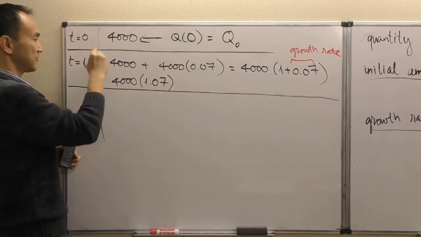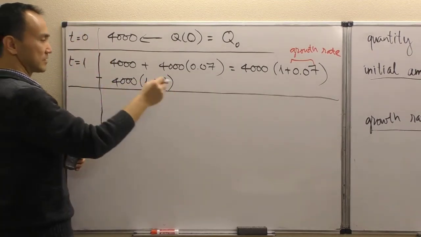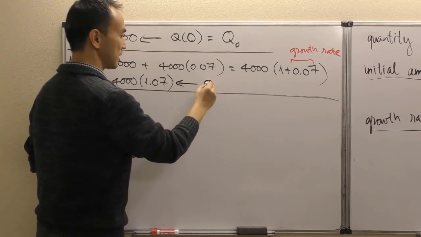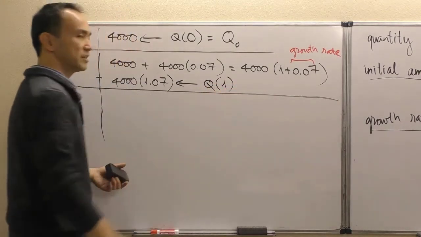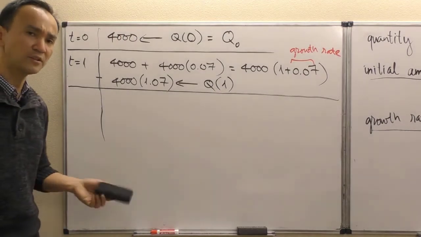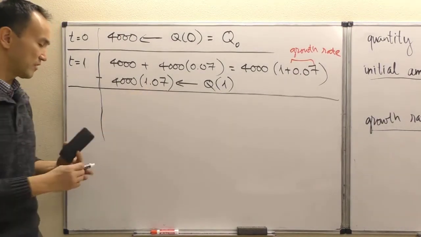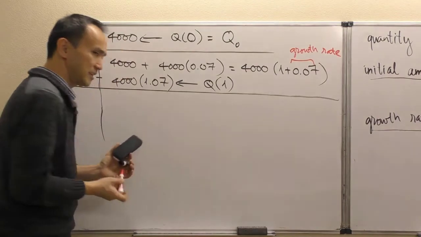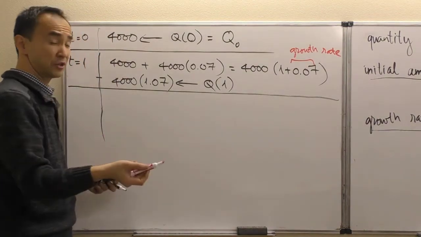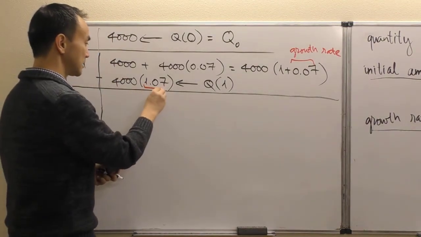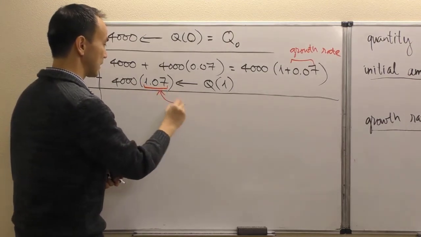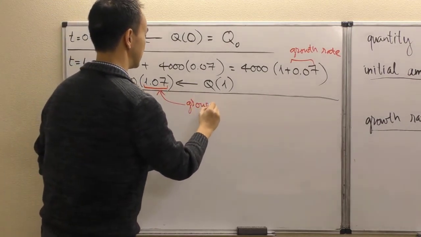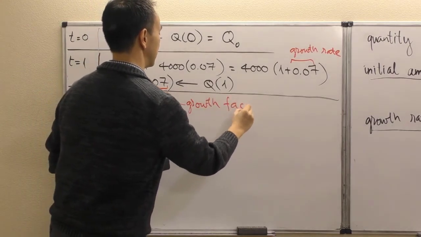This final form is the quantity, the amount at 1 year later: 4,000 times 1.07. And once again, in the same terminology I have brought up earlier, this is not the growth rate, but this is called the growth factor.